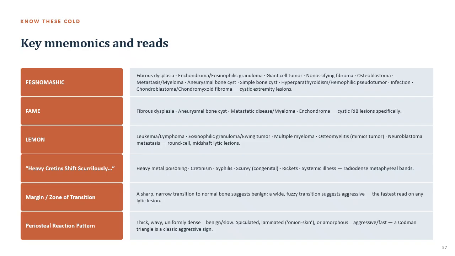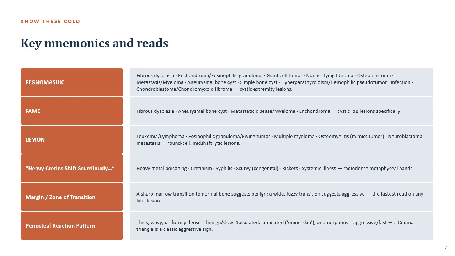The next thing they're looking at is what they consider a periosteal reaction. If we have a thick, smooth reaction, it usually suggests that there's a slow process happening. When we have a more spiculated, layered or interrupted type reaction, it usually suggests that there's something more aggressive happening within the patient.